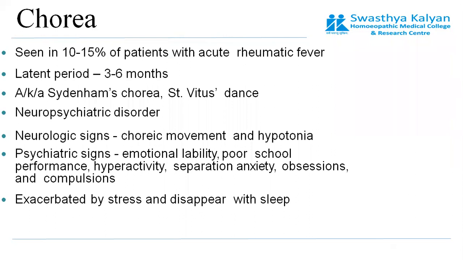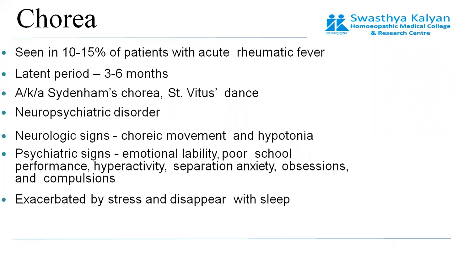Chorea is seen in around 10 to 15% of patients with acute rheumatic fever, where the latent period is 3 to 6 months. This is also known as Sydenham chorea or St. Vitus dance. It is a neuropsychiatric disorder where the neurological signs are choreic movement and hypotonia.